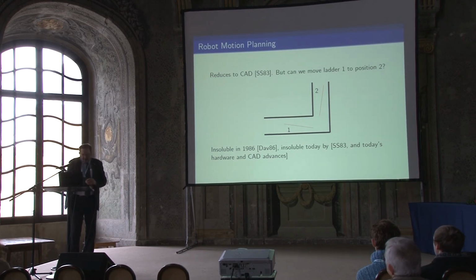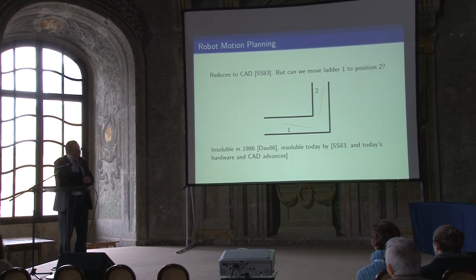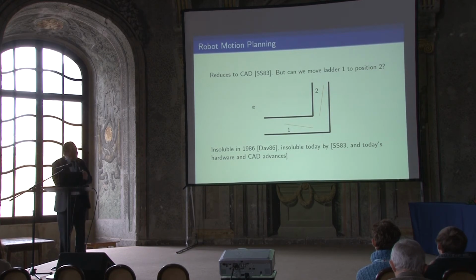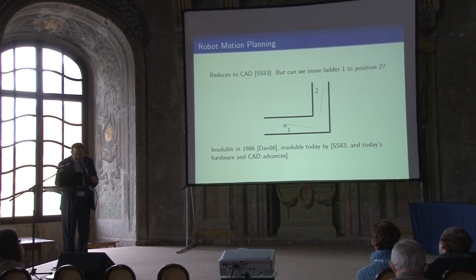Now, I should point something out here. It looks like a 2-dimensional problem. It's not really, because you've got 4 dimensions. You've got the position of this end and the position of that end. It's really in 4 dimensions, is the point. You've got the 2 ends of a ladder, because if I tell you where this end of the ladder is, the other end still could be anywhere on the circle.